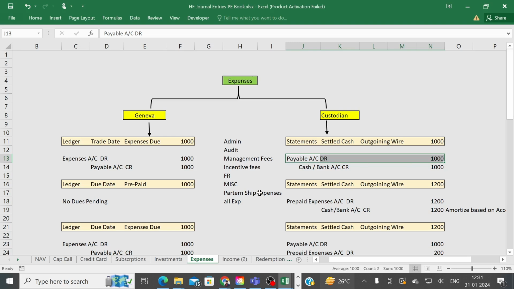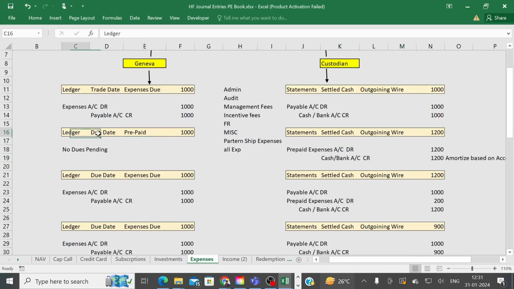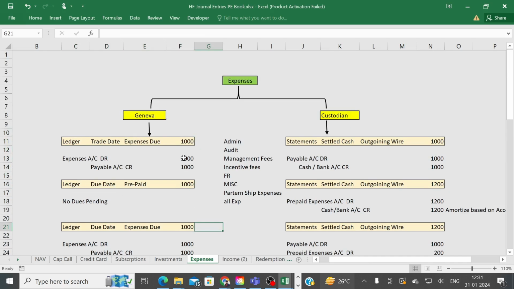All right. This was the context of accrued expenses. For all expenses, just change the name. For example, admin fees: if you have a due admin fee, your entry would be admin expense account debit to payable account credit, and payable admin account debit to cash account credit. That's very simple, and you can apply this entry to all your expenses.